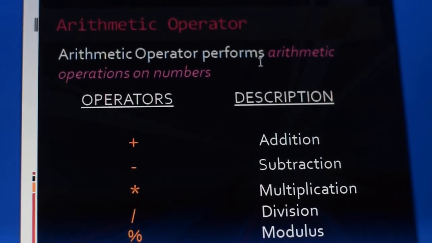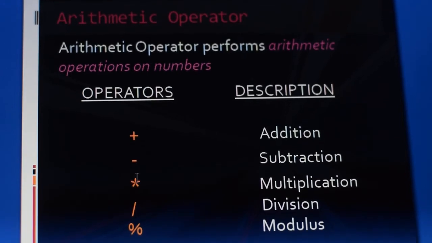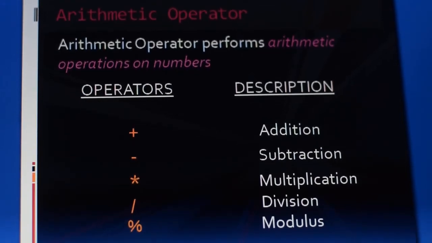So arithmetic operators. The arithmetic operators perform arithmetic operations on numbers. The arithmetic operators are plus for addition, minus for subtraction, multiply, that is asterisk symbol for multiplication, forward slash for division, and percent sign for modulus.